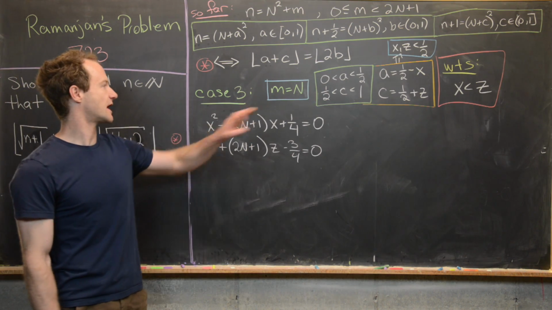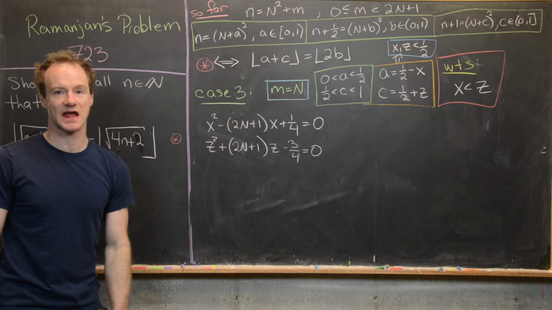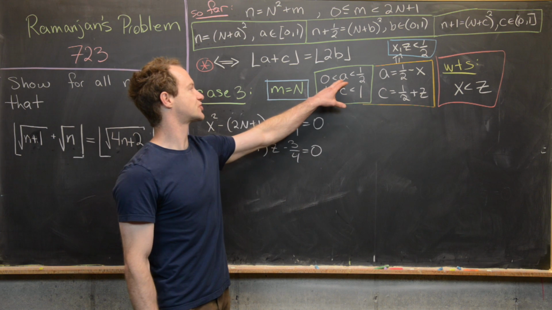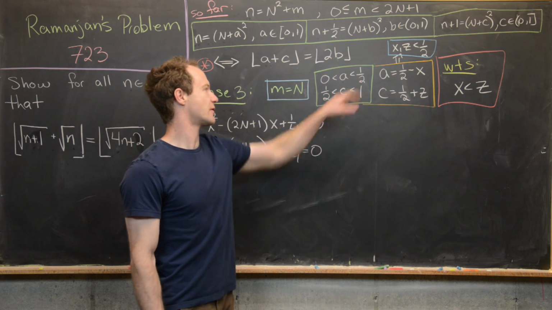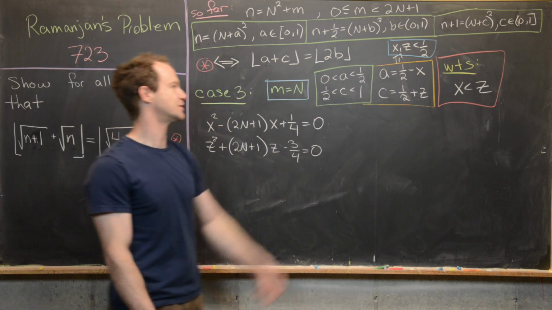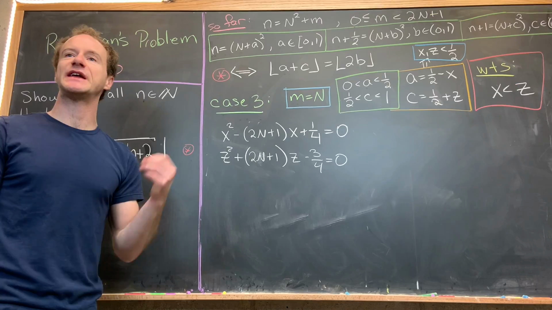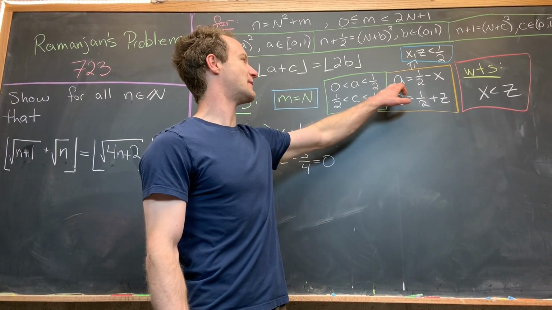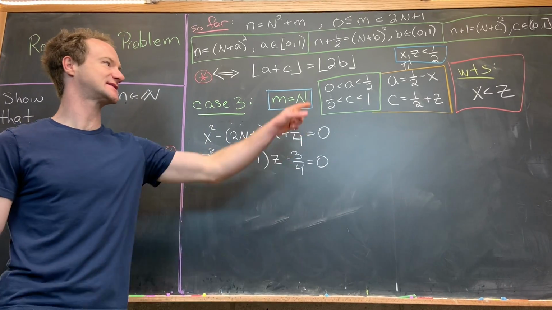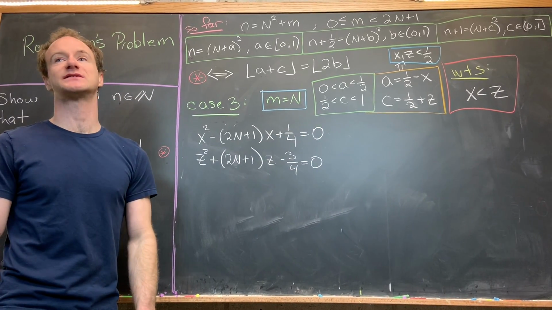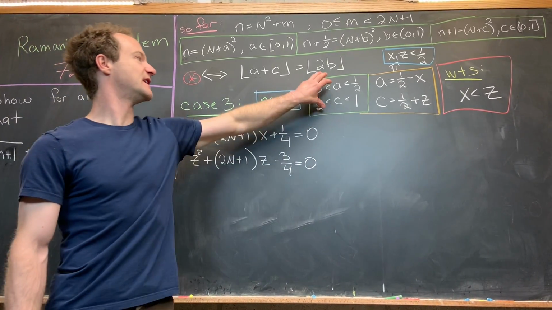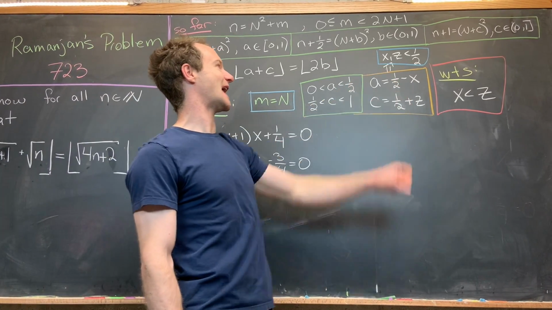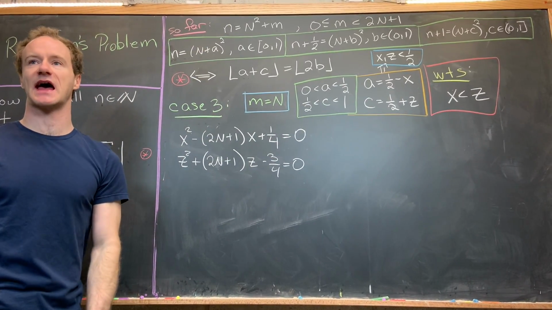So let's see where we are. In our case, when m was equal to n, we earlier described why a was between 0 and 1/2, and c was also between 0 and 1/2. Then we introduced 2 new variables, x and z, that were defined by a equals half minus x and c equals half plus z. And notice that these inequalities imply that x and z are both less than half.